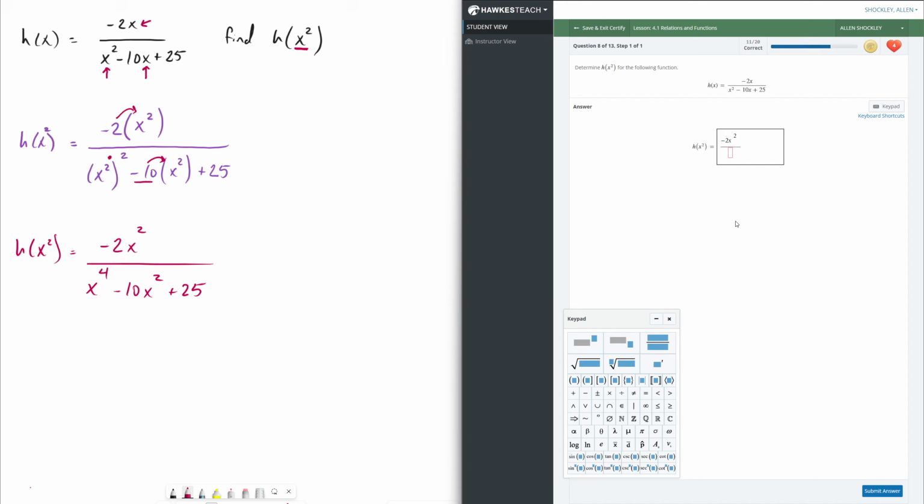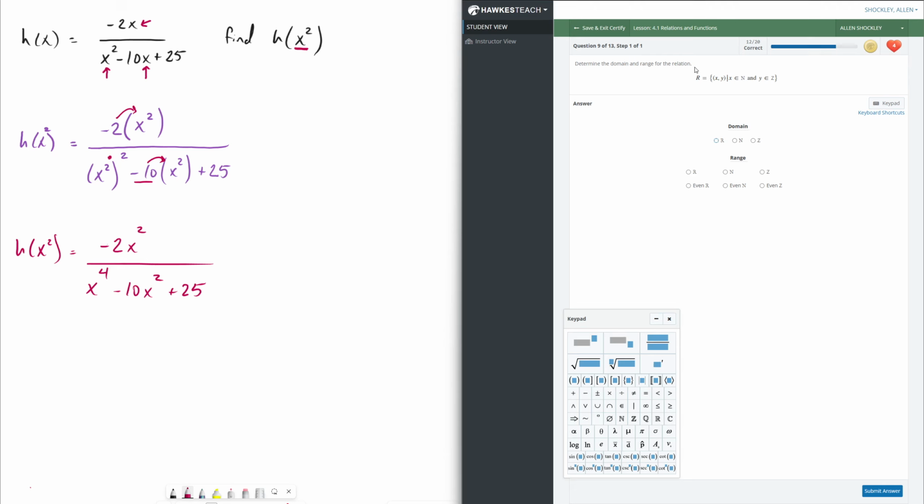On the bottom, x to the 4th, right arrow key, minus 10x squared, right arrow key, plus 25. There we go.